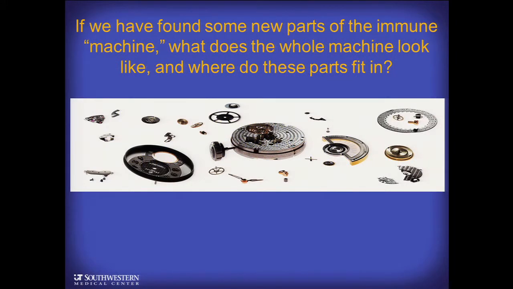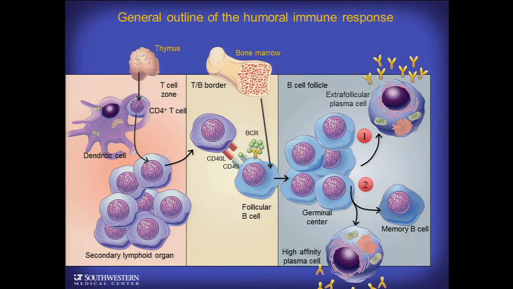In effect, what we've done has been to find several new parts of the machine. And the question is, where do these parts fit in? We can refer to our model, and I can tell you that some parts of the machine really sort of break the model in certain ways.